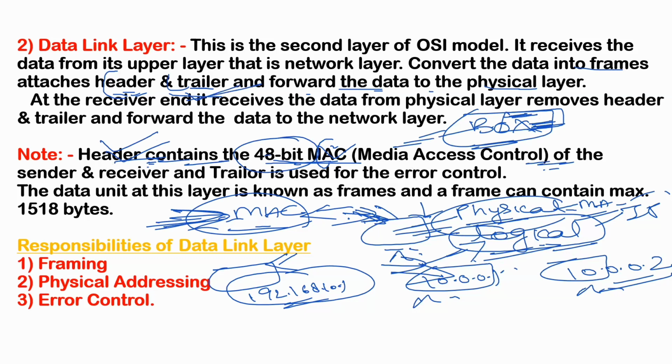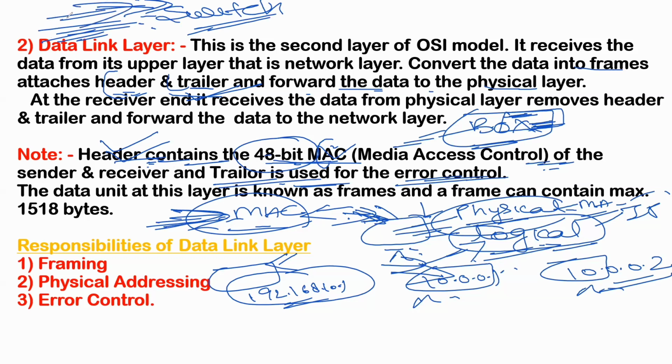The trailer is used for error control. It will control errors if any occur in the data link part, which means in the switch, since a switch is used in the data link layer. In the switch, if any error occurs, the trailer will control it, if it is possible to control.